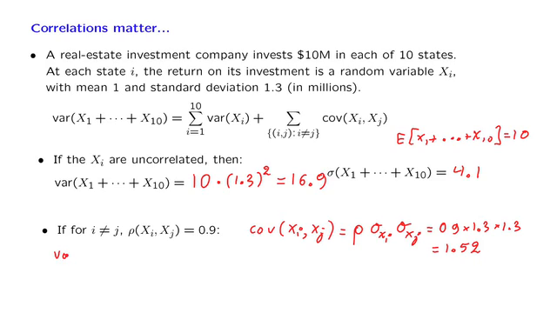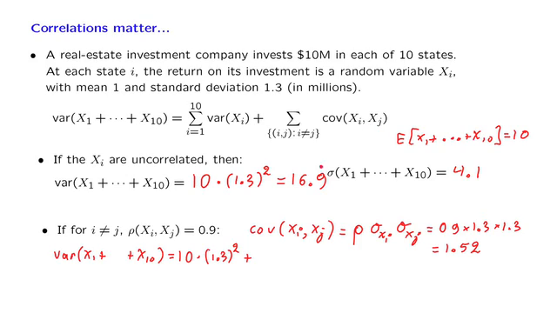And in that case, the variance of the sum using this formula here is going to be equal to 10 times the variance that you have in each state, which is 1.3 squared, plus you have a bunch of terms here. How many terms?